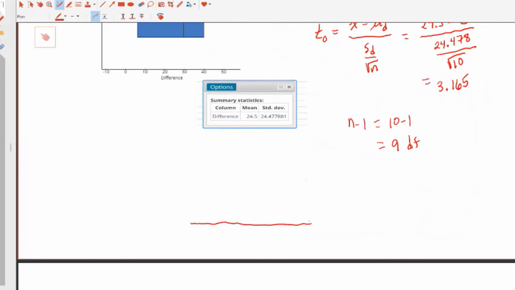If I draw out Student's t distribution with 9 degrees of freedom, it's centered at 0, and here is 3.165. My p-value, because this is a one-tailed test, is the area in the right tail of that distribution.